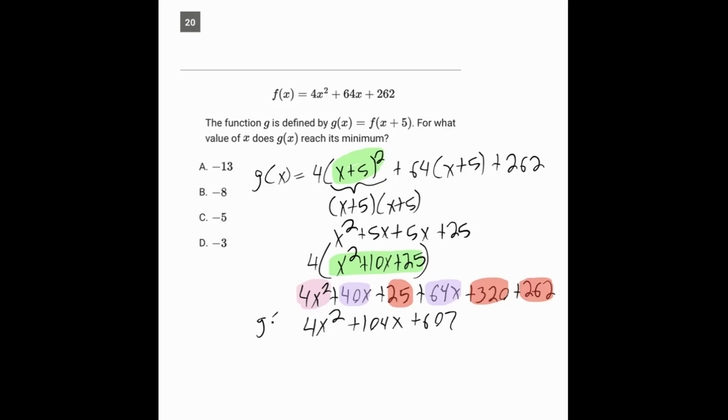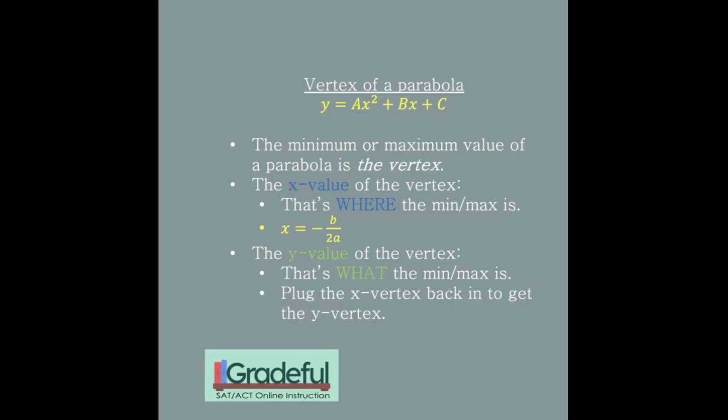So this is g of x, and we're being asked for the minimum value. For what value of x that would create the minimum value here. And that's all code for the idea of the vertex. Now, the vertex of a parabola, that's the minimum or maximum value of the parabola.